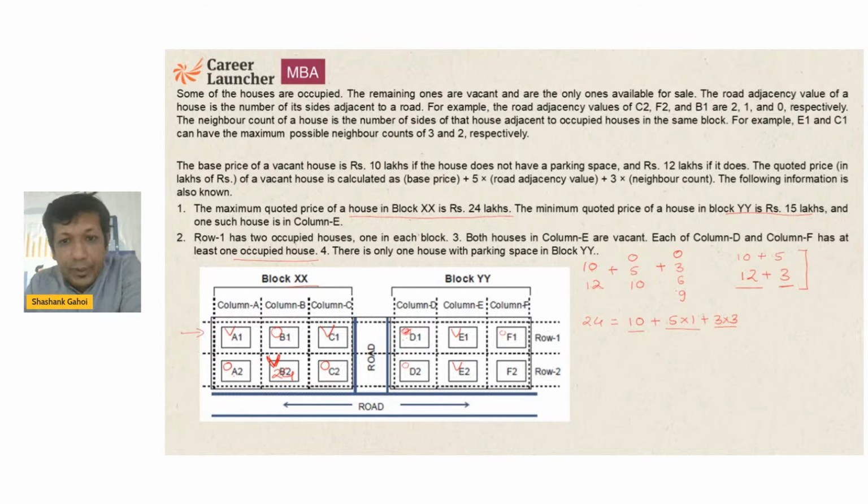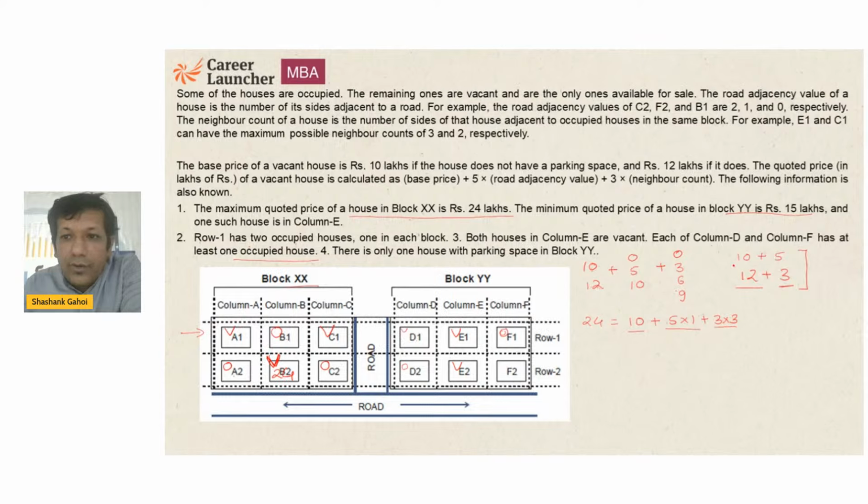Now, row 1 says that one house is occupied, one is vacant. It means if this is occupied, this must be vacant. If this is vacant, then this must be occupied, right?